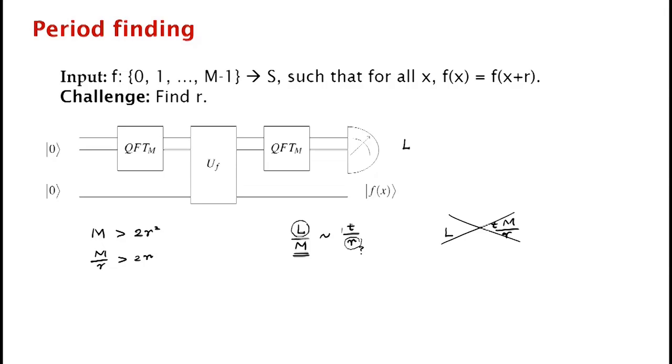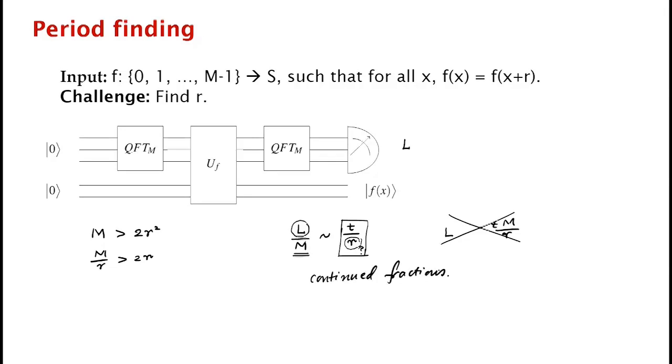You can show that t over r is the best such approximation to the fraction L over m where the denominator is smaller than the square root of capital M. Given that, you can reconstruct t over r using a technique called continued fractions. You can recover these numbers very efficiently on a classical computer. And so you can solve the period finding problem even in the case where r does not divide m.